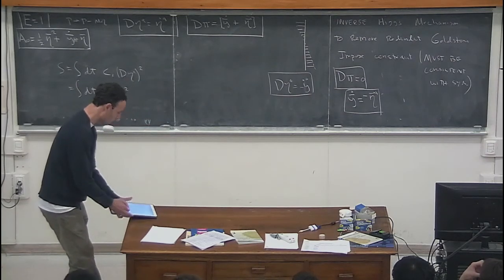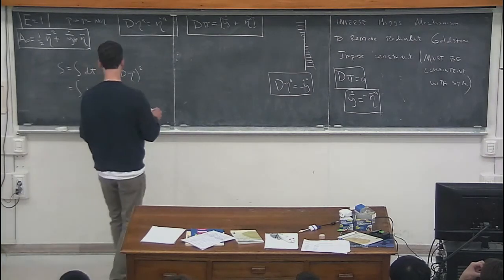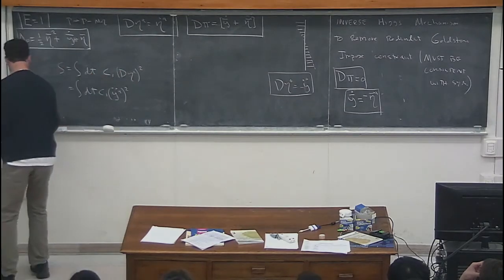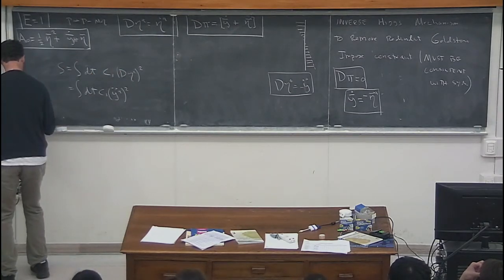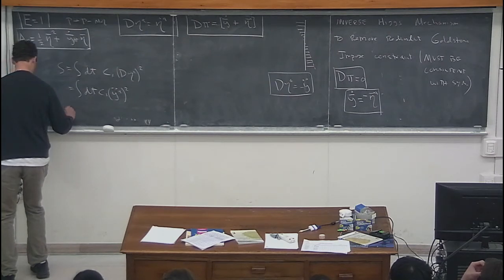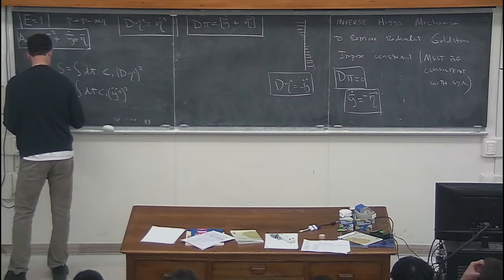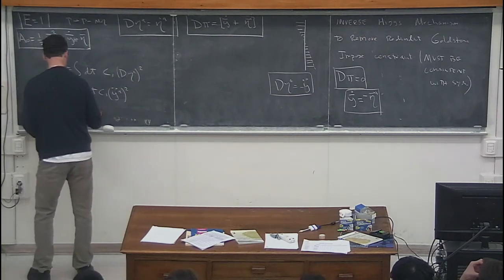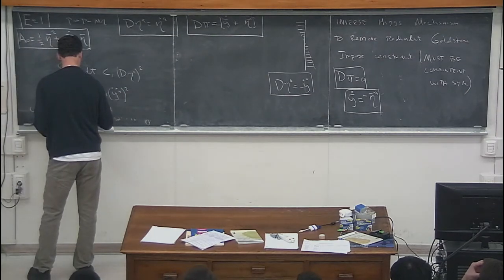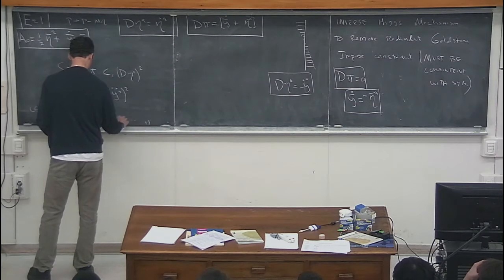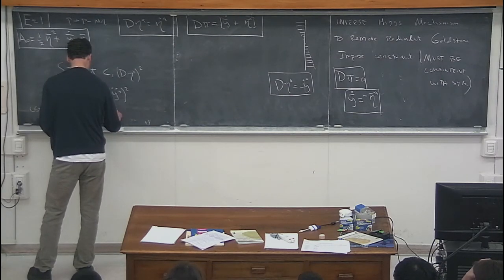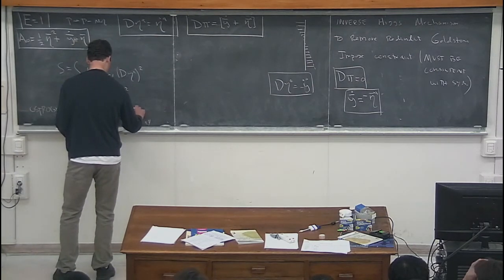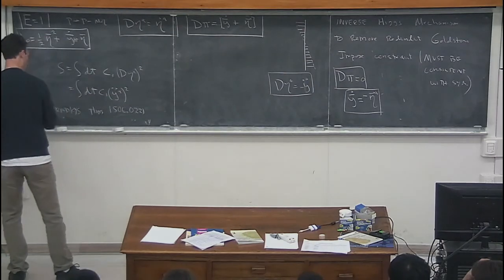Okay, here it is. So Ostrogradsky's theorem. The arXiv number is 1506.0221. That's definitely worth reading.